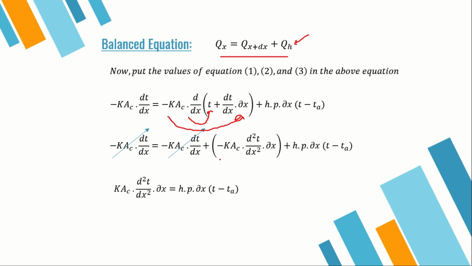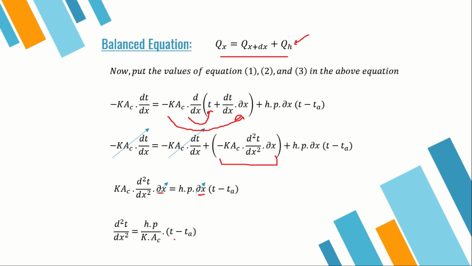When we move this term to the left hand side to remove the negative sign, we can form this equation as K Ac d squared T upon dx squared delta x equal to h P delta x (T minus Ta). As the delta x here and delta x here are the same, we can also cancel these out.